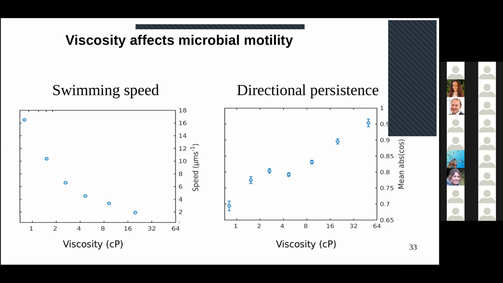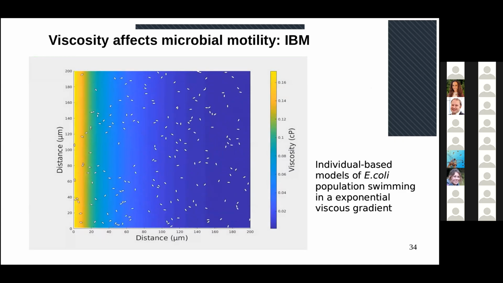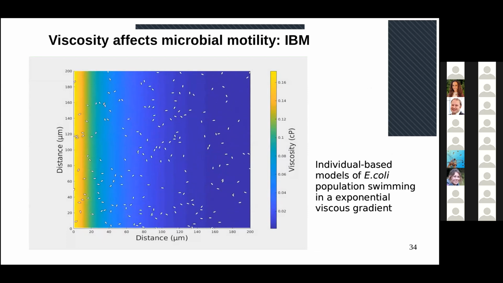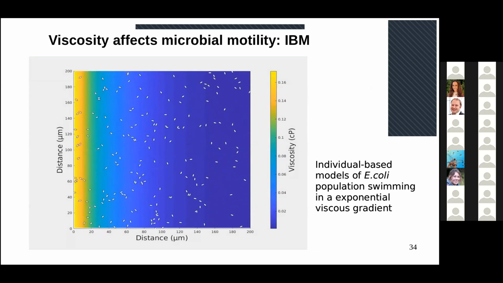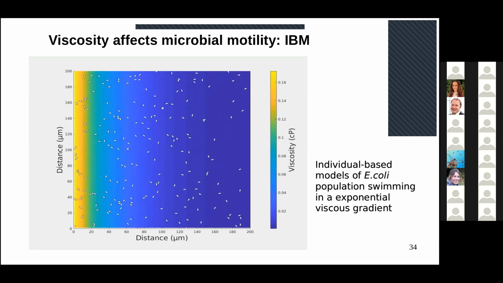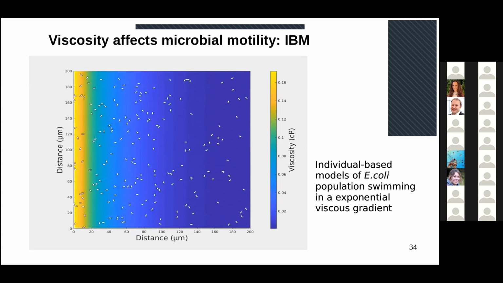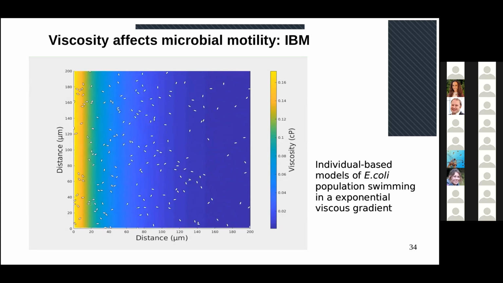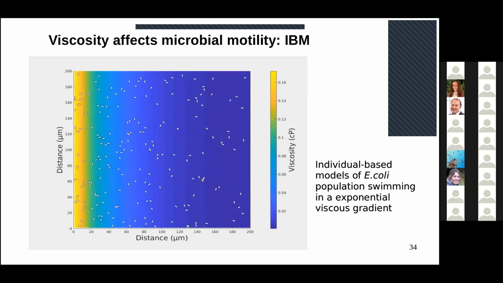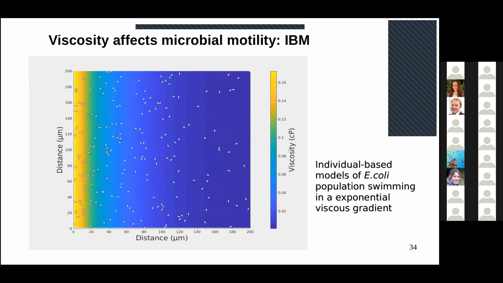How does this translate into their ability to track the gradients? Well, to understand this, what we did is an IBM model, an individual-based model, in which we use the well-known chemotactic pathway models of Escherichia coli.